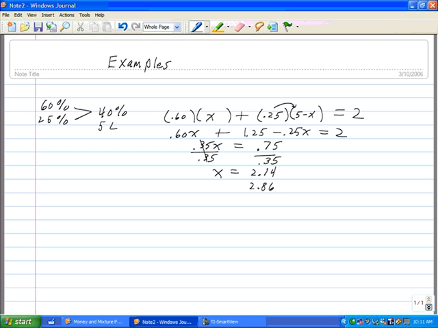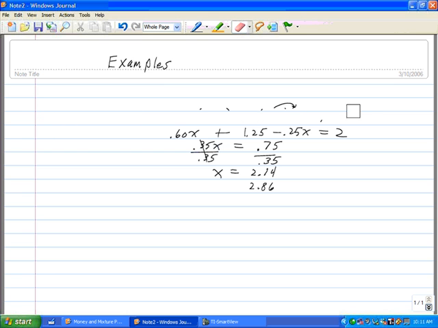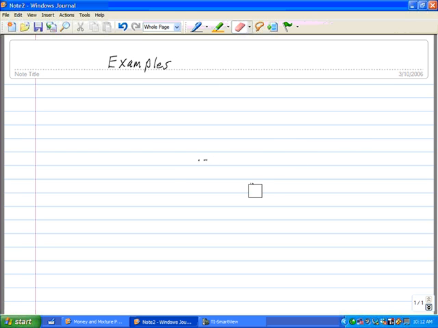Let's look at another example. Let's say next time around we're going to mix paints. Now when you mix paint, they can have different percentages of pigment within them, and you might have a percentage on hand that you want to mix to get a different percentage. Let's say we have 2 cans of paint.